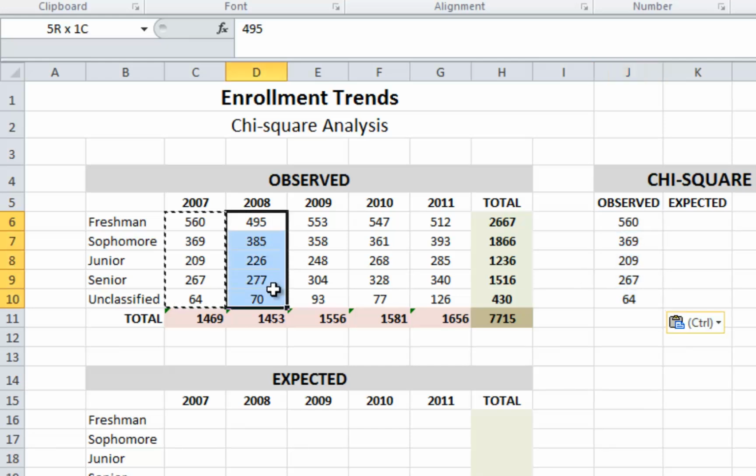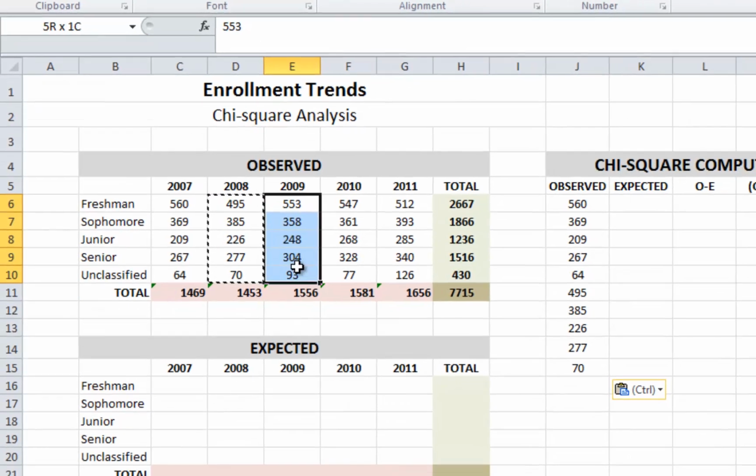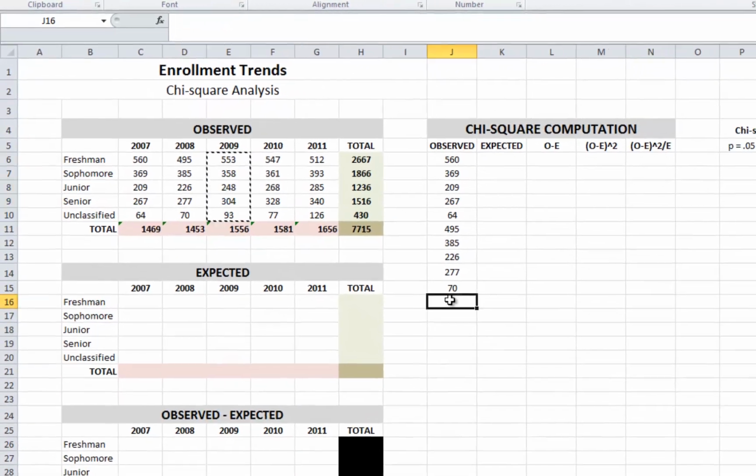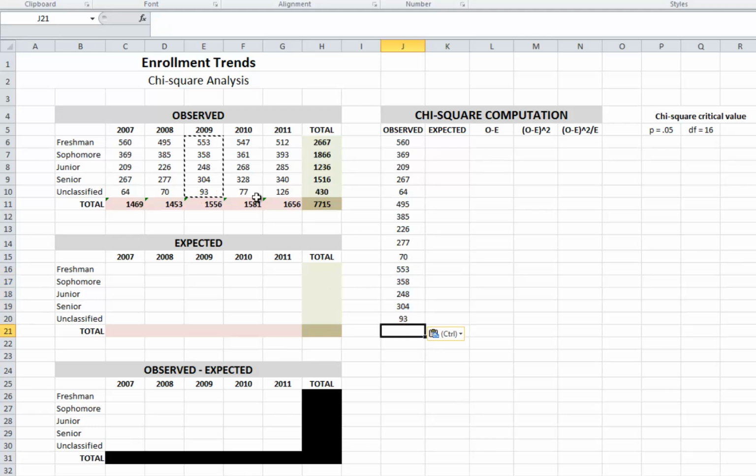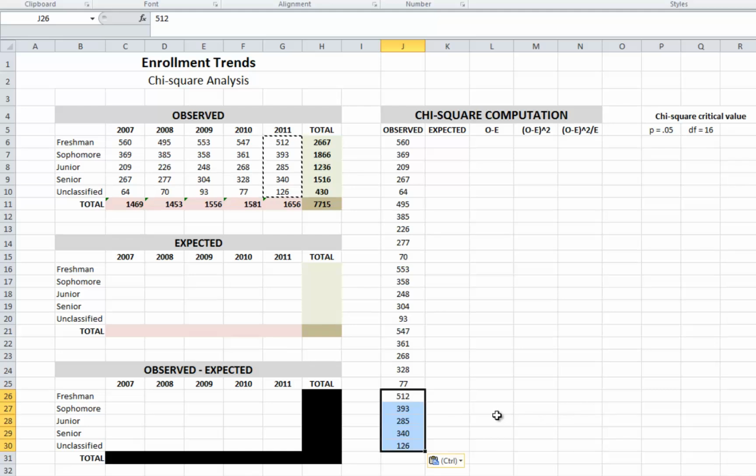I will do that for each year: copy, paste, then copy, and paste. Okay, so that is just the observed enrollment in column form. Each 5th cell is a different year.